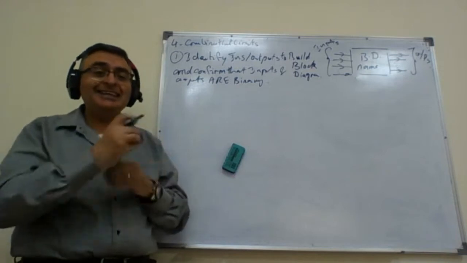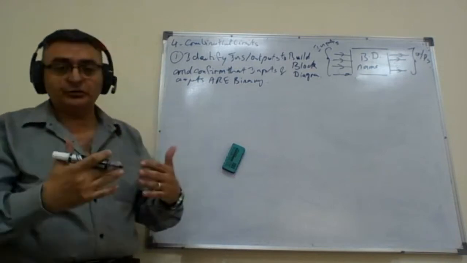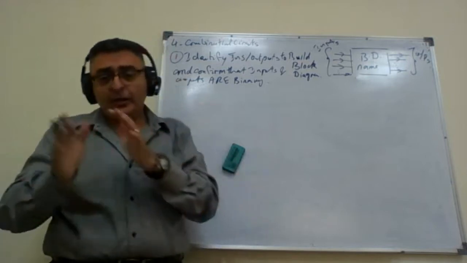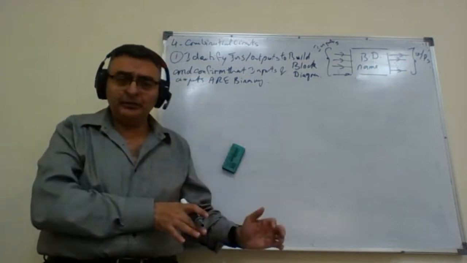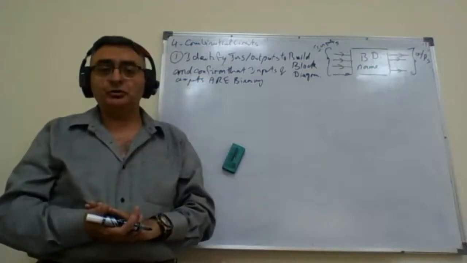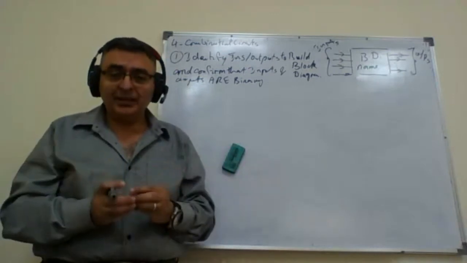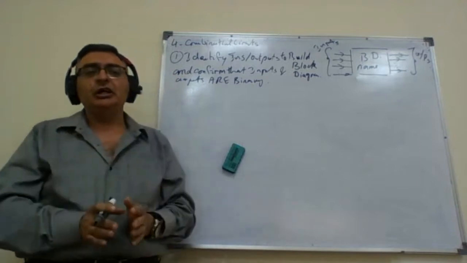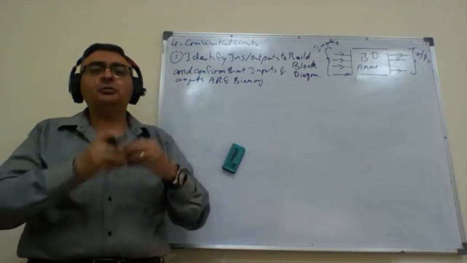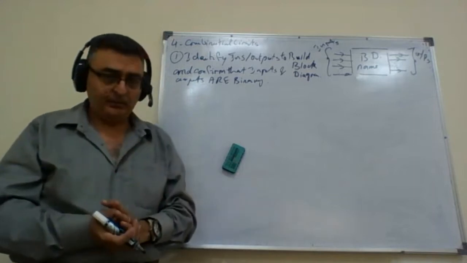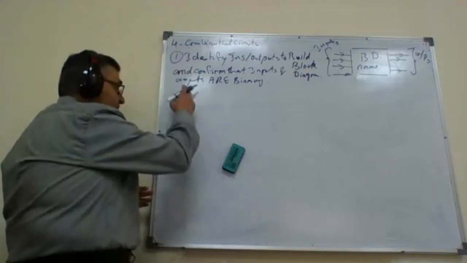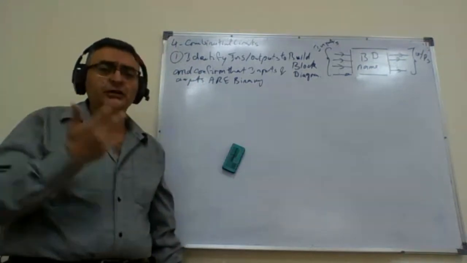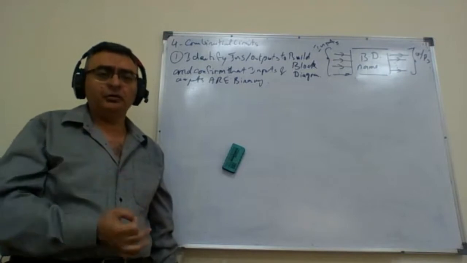Either there is an easy way to convert or represent the inputs and outputs in a binary format, so you can go ahead with your solution. If you cannot do that, that means this problem is beyond the scope of digital logic design. DLD cannot provide a solution for you. Okay? Make sense? But this is step number 1. Identify the inputs and outputs and verify that the inputs and outputs are in binary format.